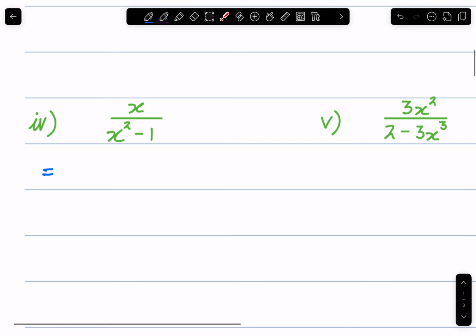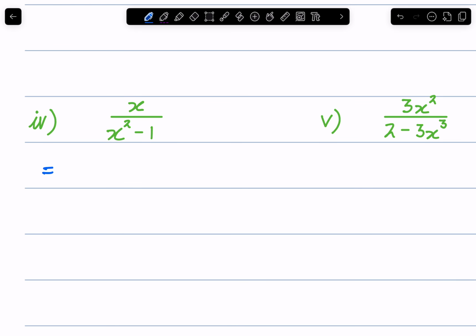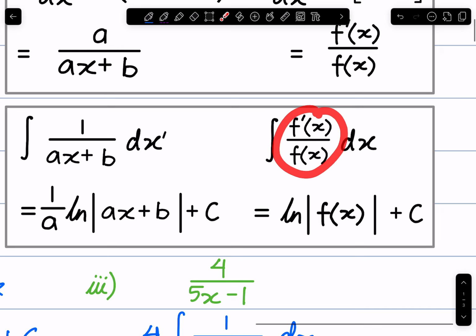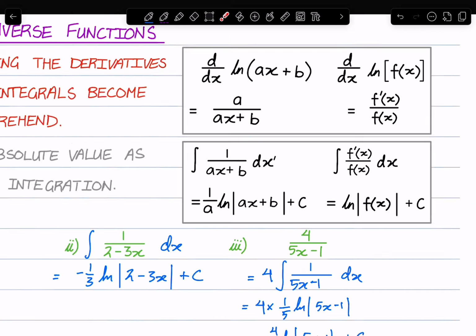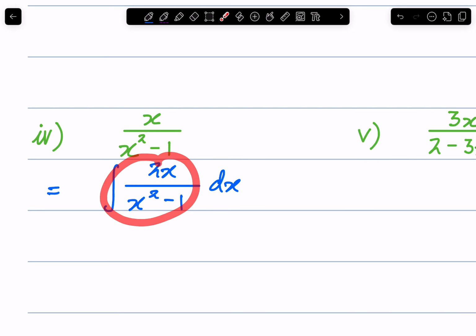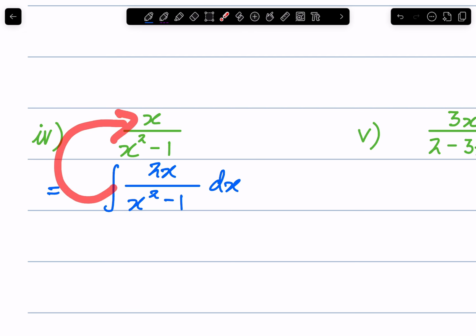For this, I'm going to just rewrite this where the denominator is the same, but then the numerator, I'm going to differentiate x squared minus 1, which will give me 2x in the numerator. This is now this form, so we could just integrate it, but we need to multiply this so that it is equal to the original question.